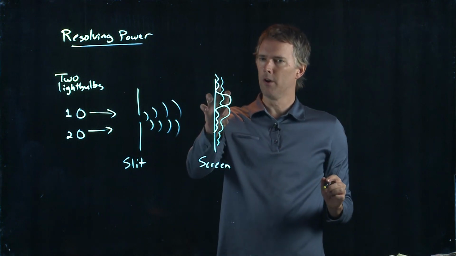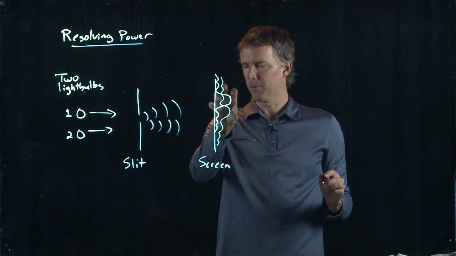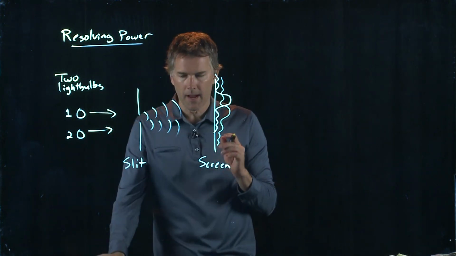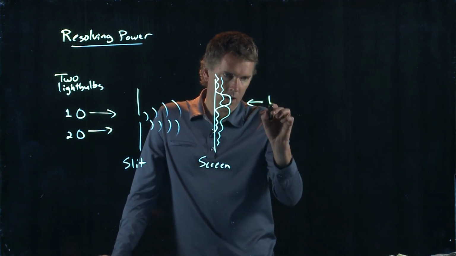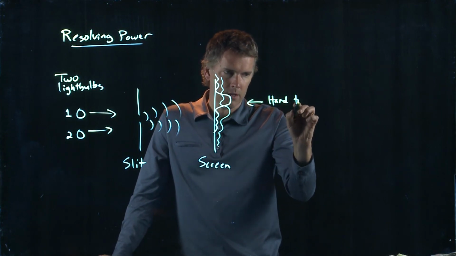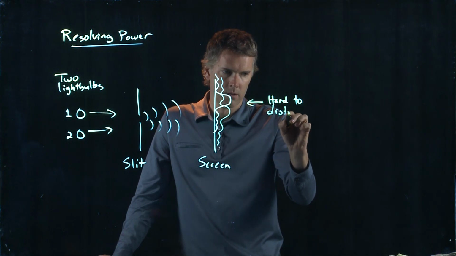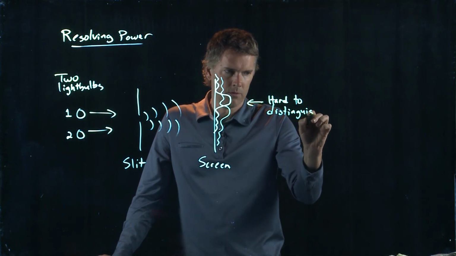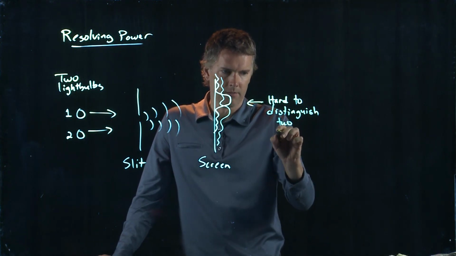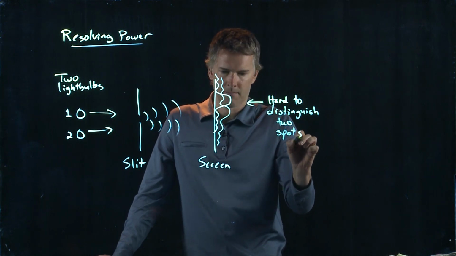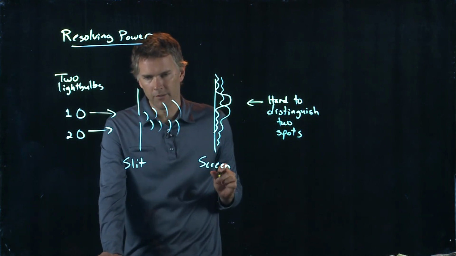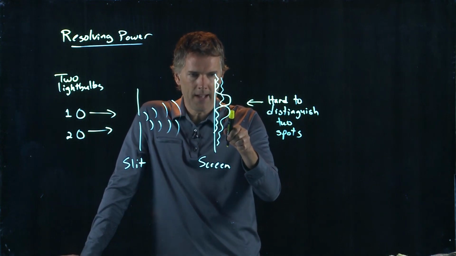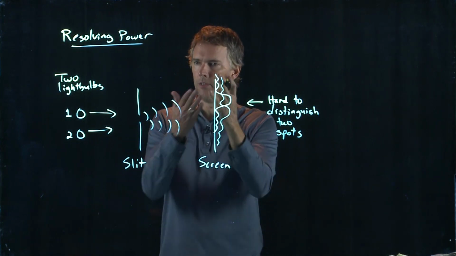Okay, and we get two of those patterns. Those are called sinc patterns. And they are in fact hard to distinguish the two spots. It's very hard to distinguish that spot from that spot if they are overlapping.